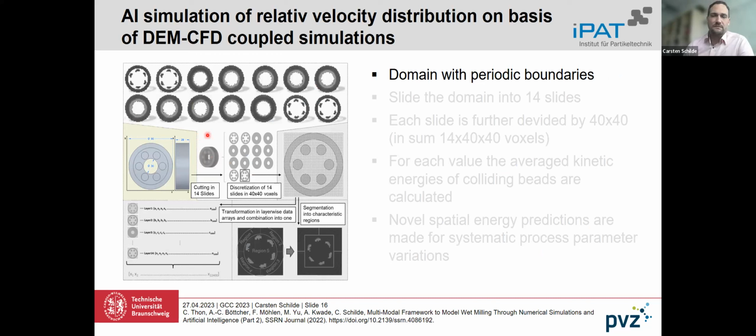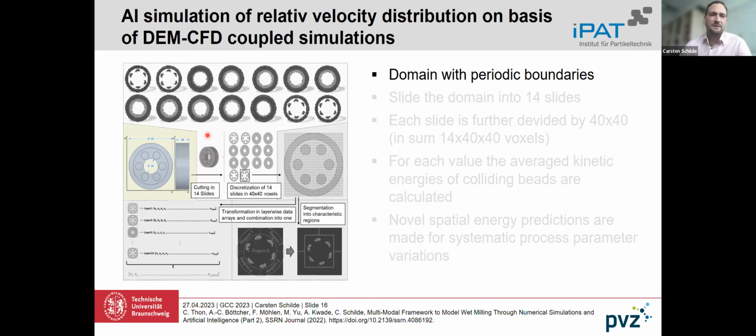So we divide our grinding chamber into around 40,000 voxels. And for each voxel, we train an artificial neural network, which gives us the relative velocity for each voxel, or the stress energy for each voxel.